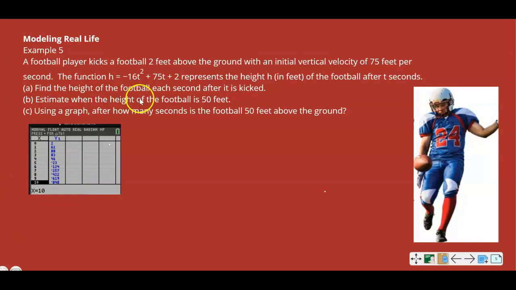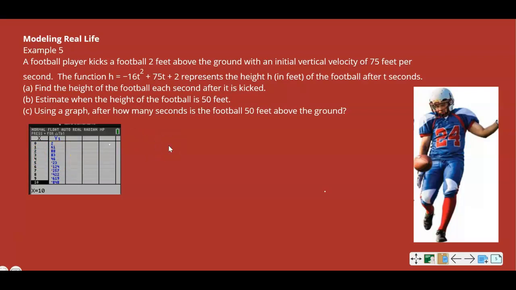It says find the height of the football after each second kicked. That's right here. And then it says estimate when the height of the football is 50 feet. So at 0, it's 2 feet. At 1, it's 61 feet. So somewhere between 0 and 1 second, it's going to be at 50 feet. It's also going to come back down, 83 to 46. Between 3 and 4 seconds, it's going to be coming back towards the ground and past 50 feet again.